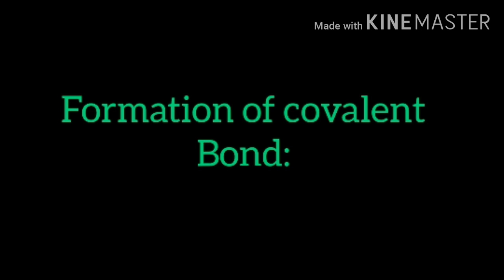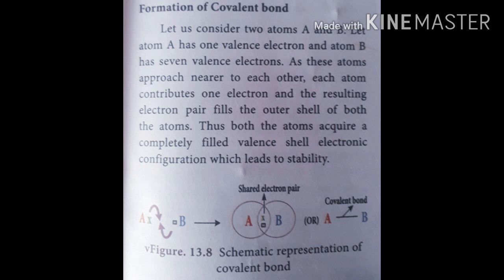Let us consider two atoms A and B. Atom A has 1 valence electron and atom B has 7 valence electrons. I already told you that valence electron is nothing but an electron present in the outermost shell of an atom.